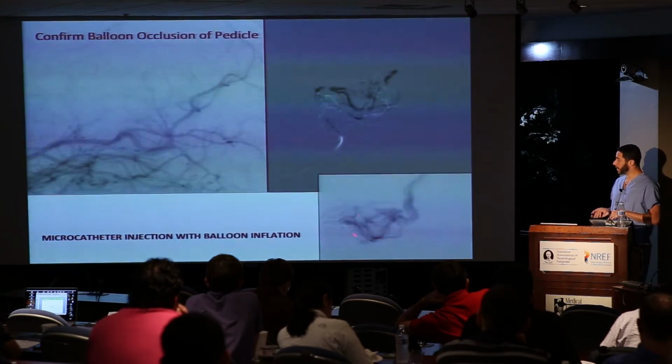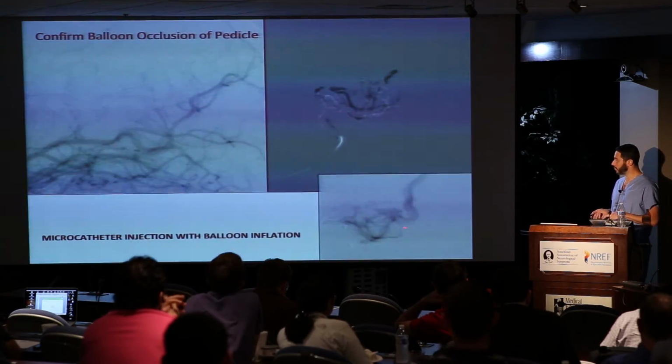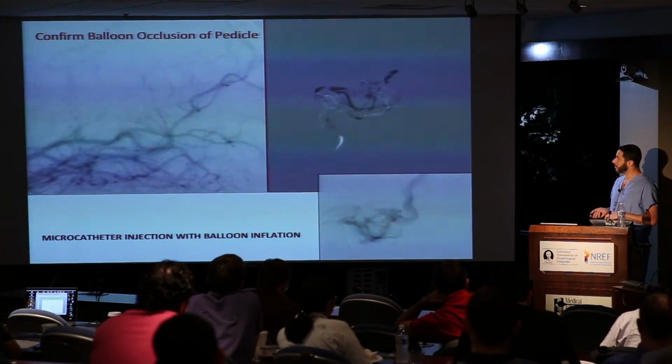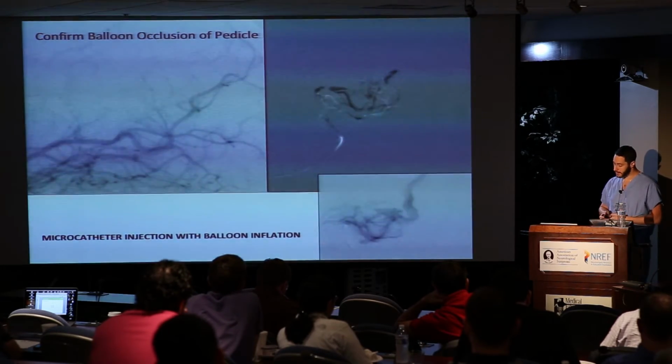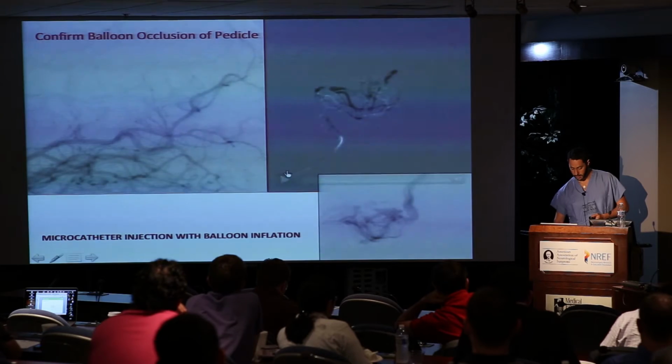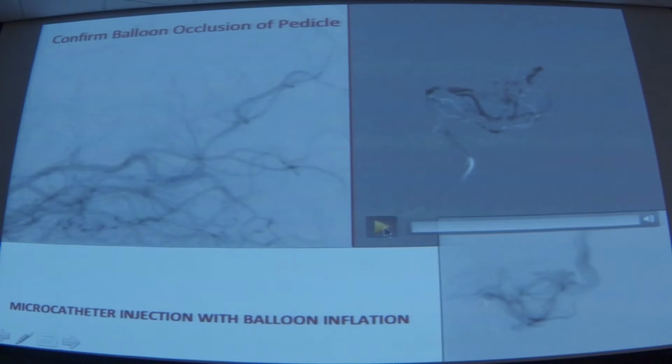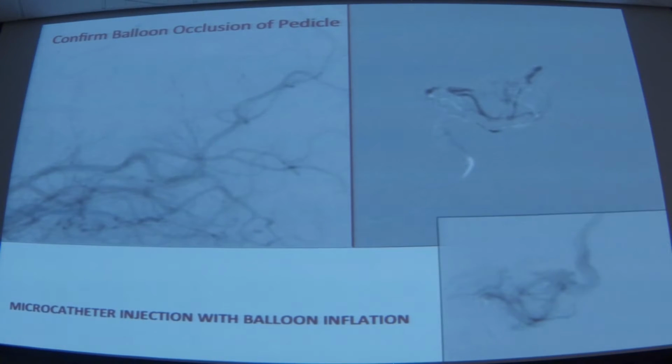So this picture is with the balloon up, and this is our Onyx cast when we're done. Onyx 18. So again, how do I know that I'm done? I've got the arterial pedicle. Is that playing? Gotten what I think is nidus.